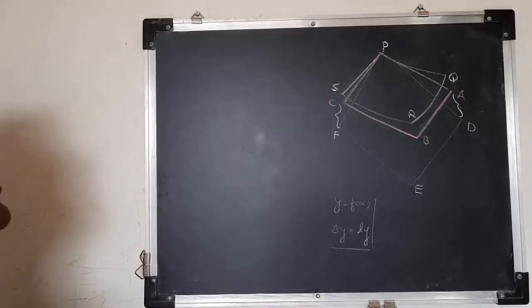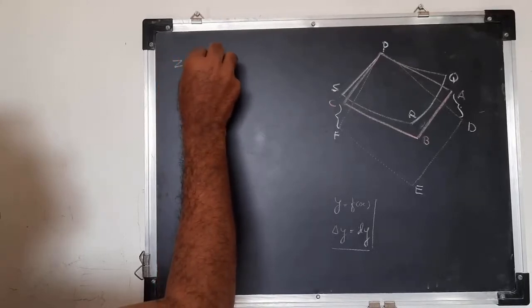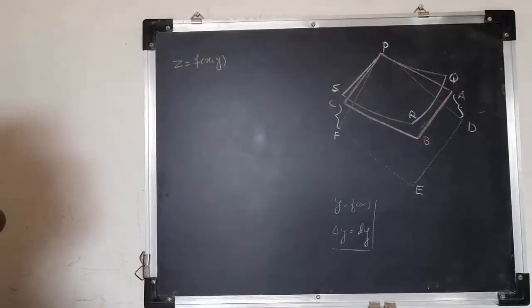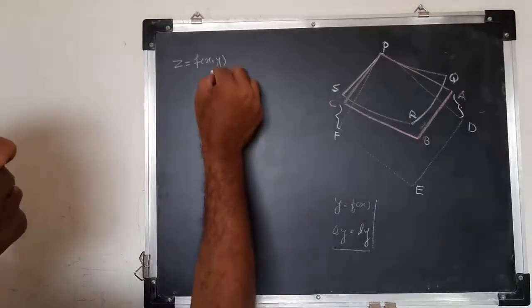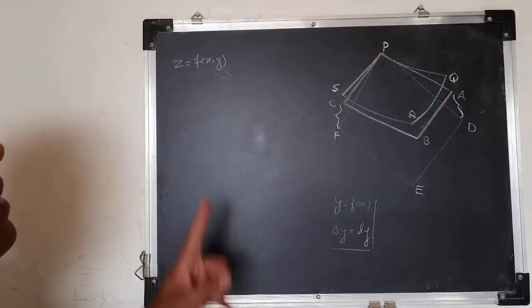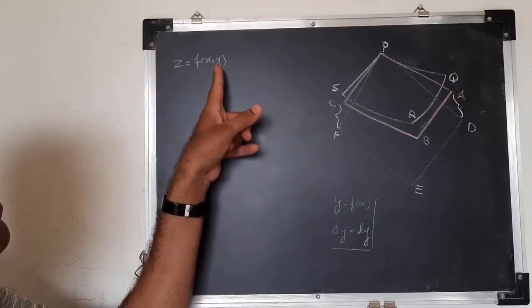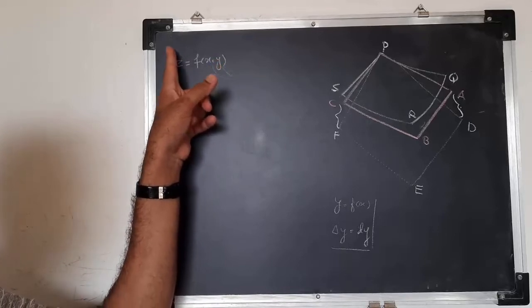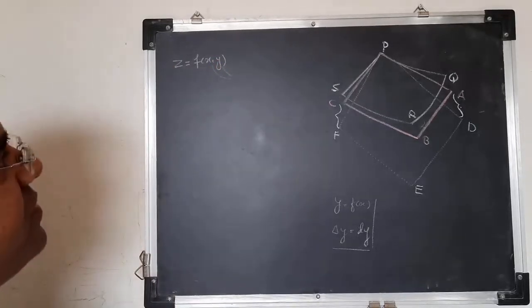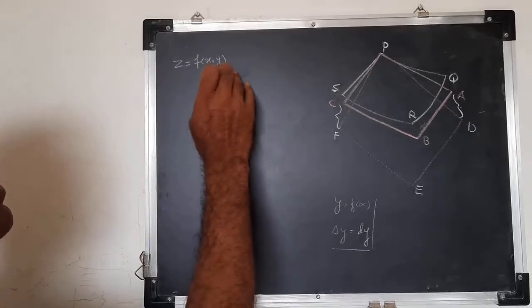Now if your function z is a function of x and y, here we have two independent variables, x and y, and the corresponding changes in x and y decide the value of z. That is what we want to find out here.